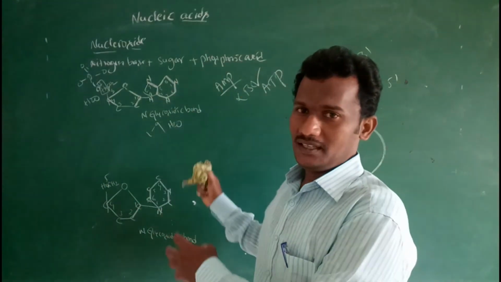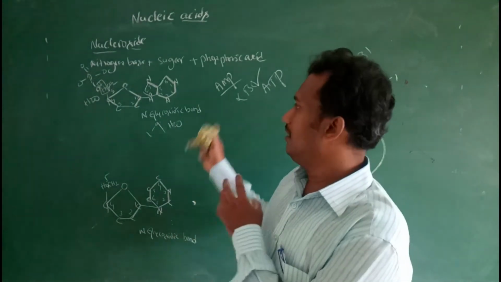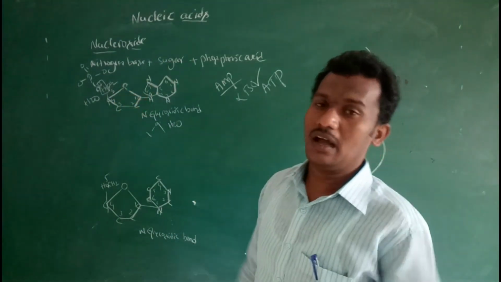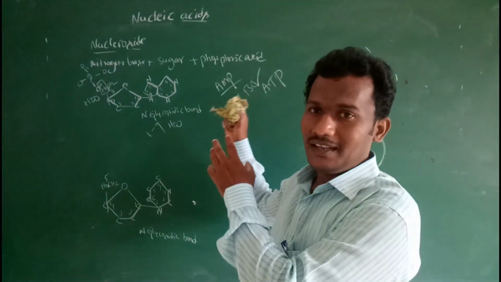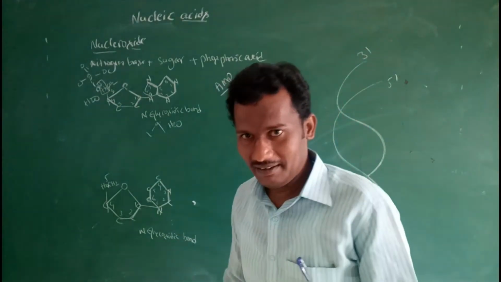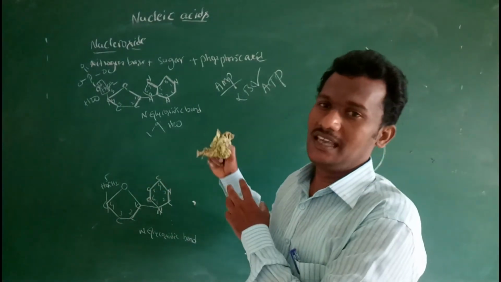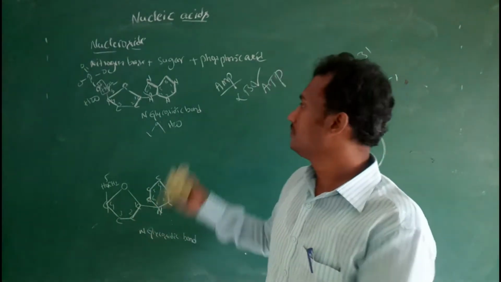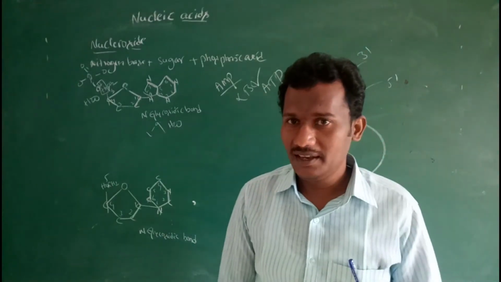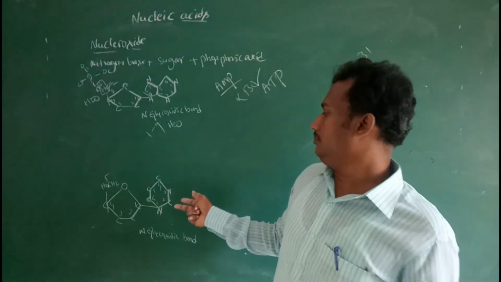Nucleotides, like this, guanosine linked with the phosphate moiety forms a nucleotide. That means deoxyadenylic acid in DNA, adenylic acid in RNA, then deoxyguanylic acid, and guanylic acid in RNA.